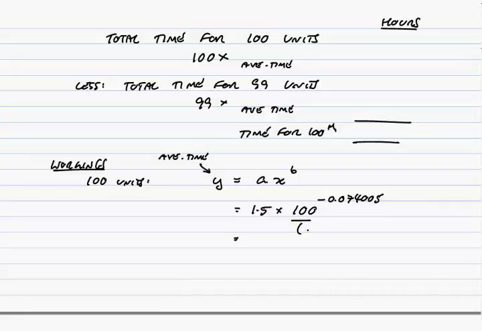Don't write it down in the exam, but keep it in your calculator, multiply by 1.5, and I get 1.066795706. Again, keep it in your calculator, and the total time will be 100 times that. It comes to 106.68 hours.